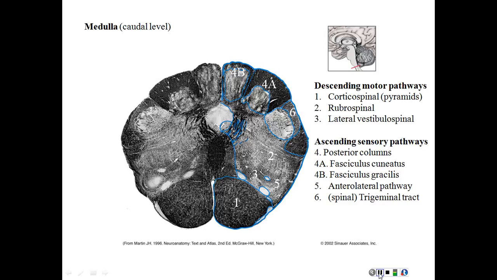The one that's immediately adjacent to it is trigeminal. If I were to tell you that at every level of the brainstem we're going to have trigeminal processing, what does that mean? That means information from the face is going to be processed in nuclei at every level of the brainstem.